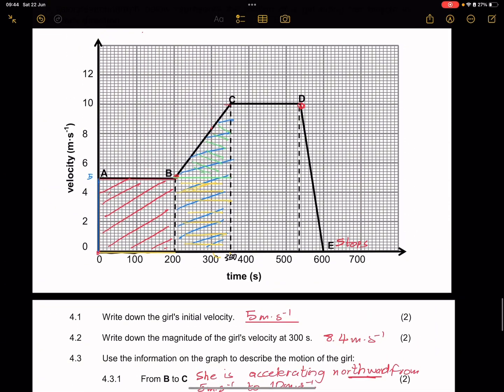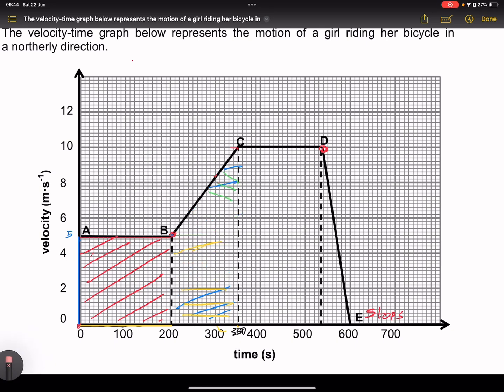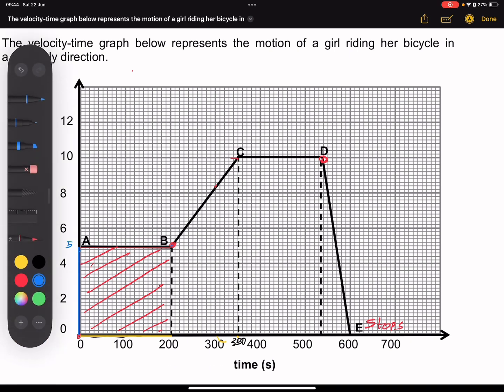Now we need to be very careful about the base, ladies and gents. Let me remove all of this. If you can't see it, I'll use my highlighter. So this would be my base here, from 200 up until 350.